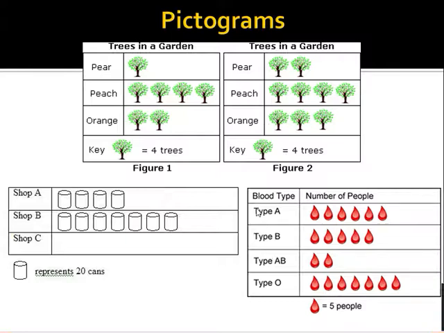Here in a class we count the number of people with blood group type A, type B, type AB and type O, and one such picture represents 5 people.